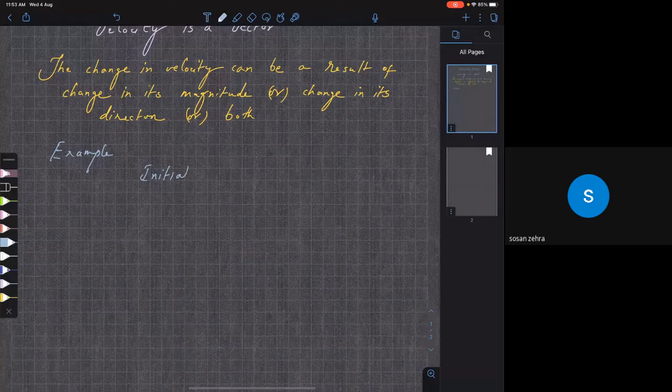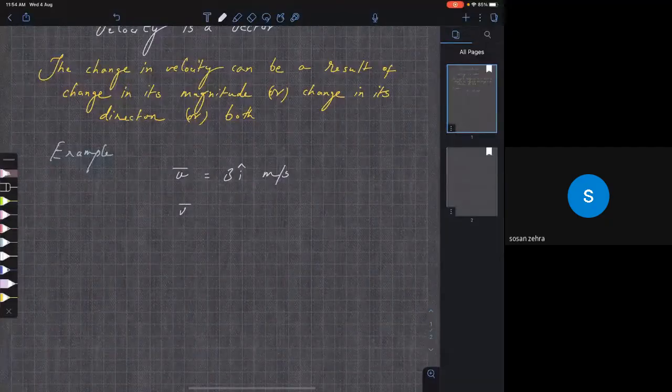Initial velocity, u bar, is equal to 3 i cap meters per second. V bar equals 5 i cap meters per second.